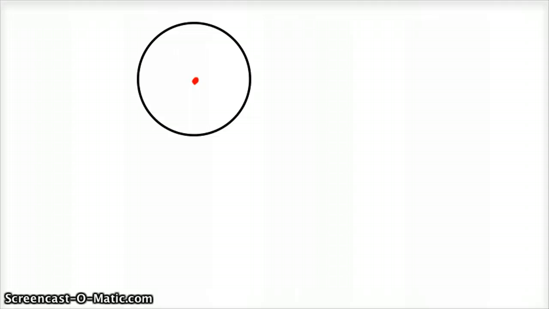Okay, the other thing you need to know about for a circle is how about the angles? Well, first off, an entire circle is 360 degrees all the way around it.